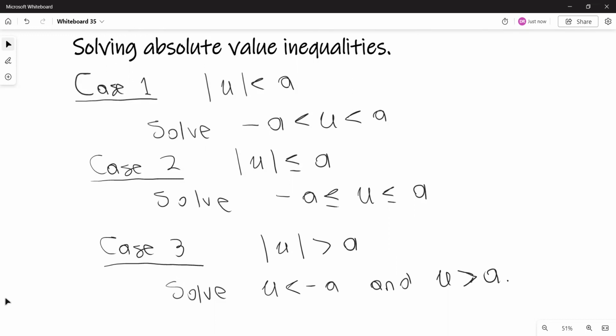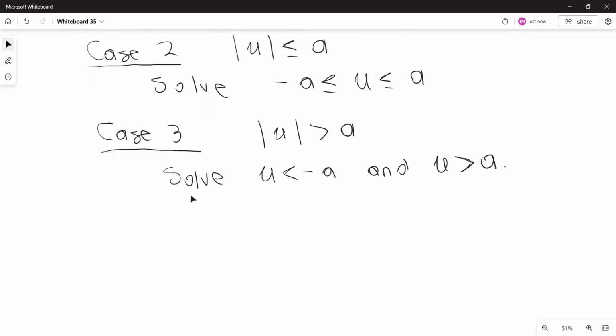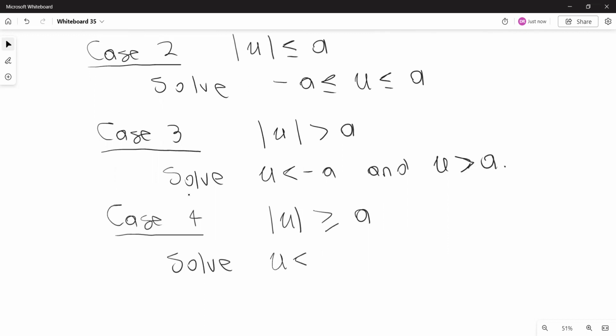In case number 4, the absolute value of u greater than or equal to a, you're going to solve 2 inequalities, u less than or equal to the opposite of a, and u greater than or equal to a.